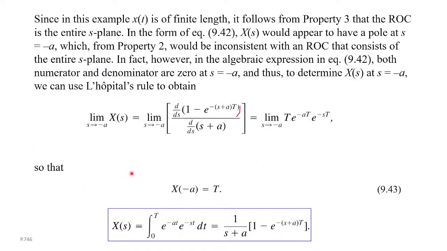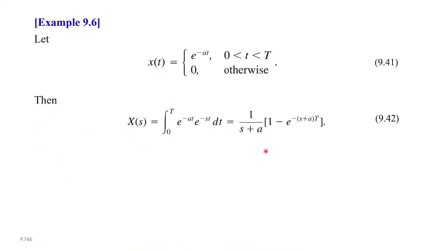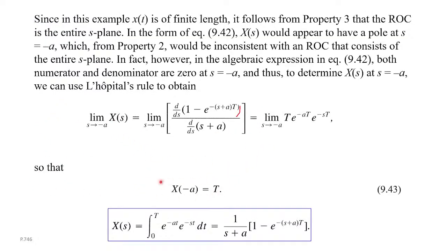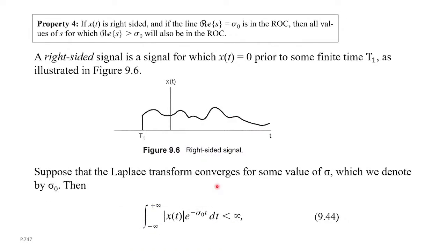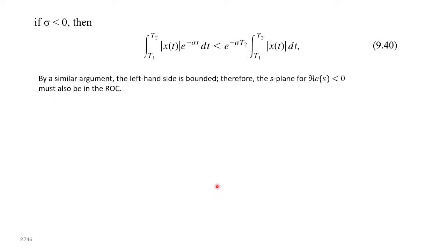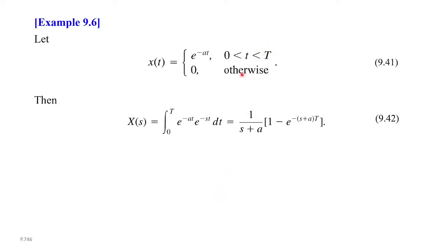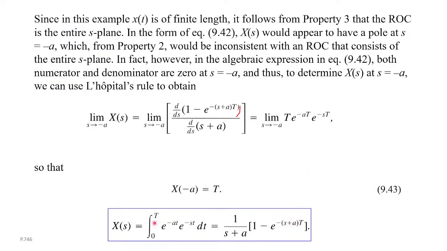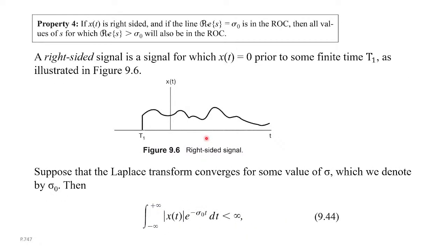So as we want, this thing is convergent on every s, because even at s equals minus a, we can take the value of the limit being T. So, question on this property: if your function is really nice, with a finite duration and absolutely integrable, then your region of convergence is going to be everywhere. No? Okay. Let's keep going.